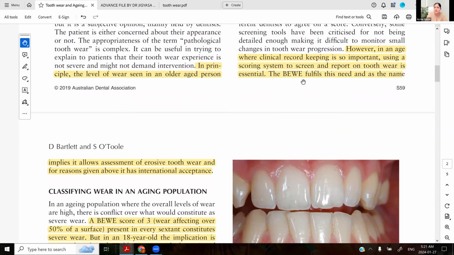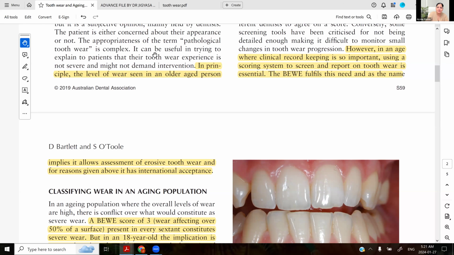You need to see the dentition and assess it, and it allows you the assessment of erosive tooth wear, and for the reasons given above, it has international acceptance. So if you categorize your patient with BEWE criteria, worldwide acceptance is seen. If they go to any other country and get a treatment done, showing their records, it will make sense to dentists all across the globe.